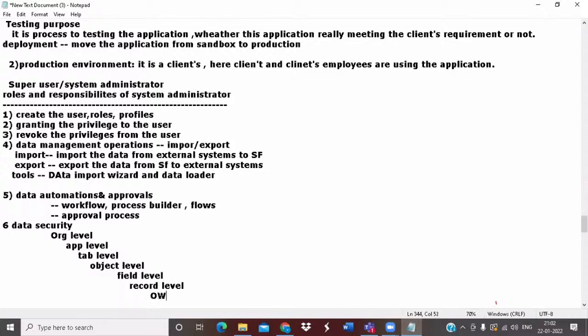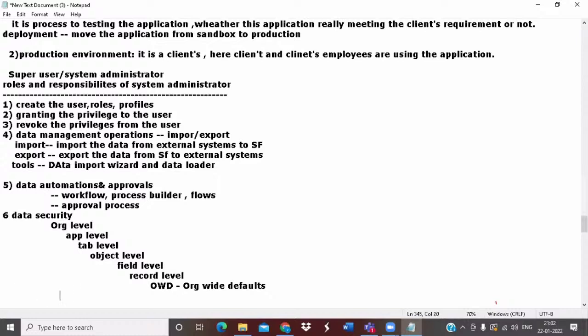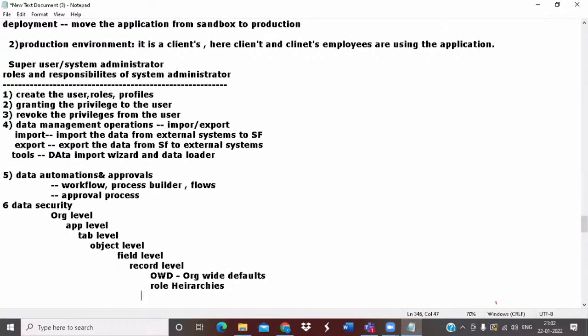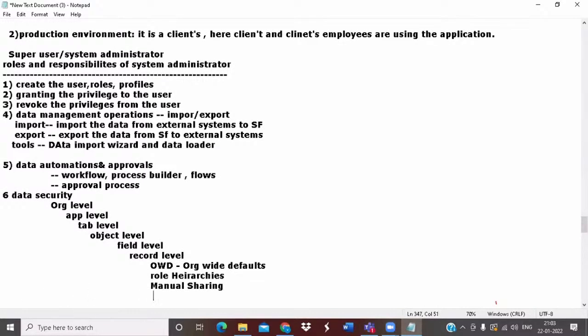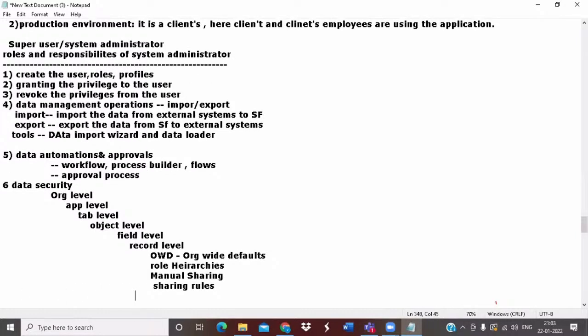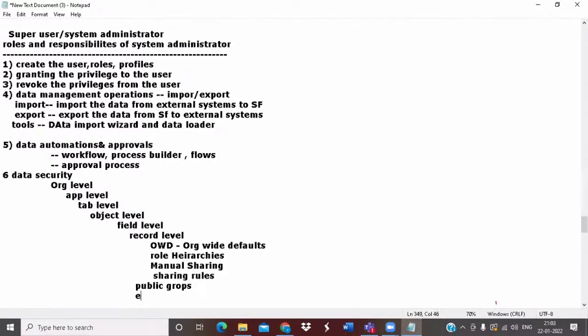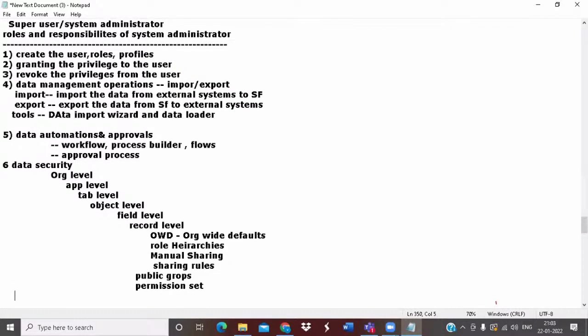Under record level security, we have OWDs, organization-wide defaults, role hierarchies, manual sharing, sharing rules. We need to create some public groups, and permission sets. It all comes under security aspects.